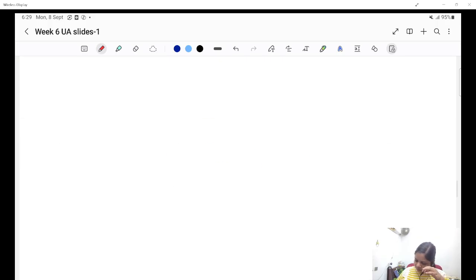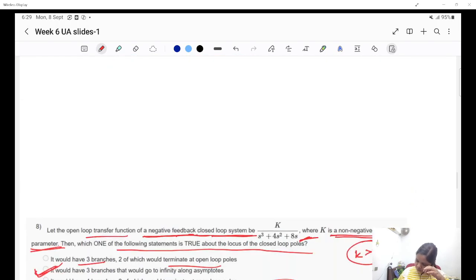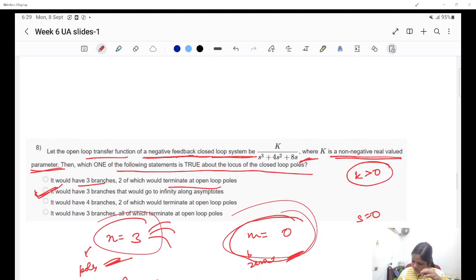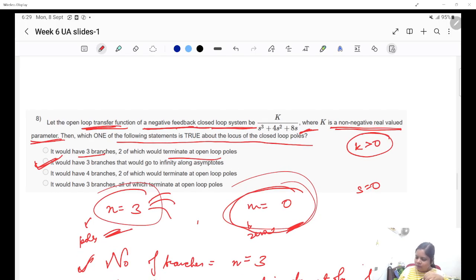For example, see, this is the open loop transfer function, which is given by this transfer function. It is not closed loop.